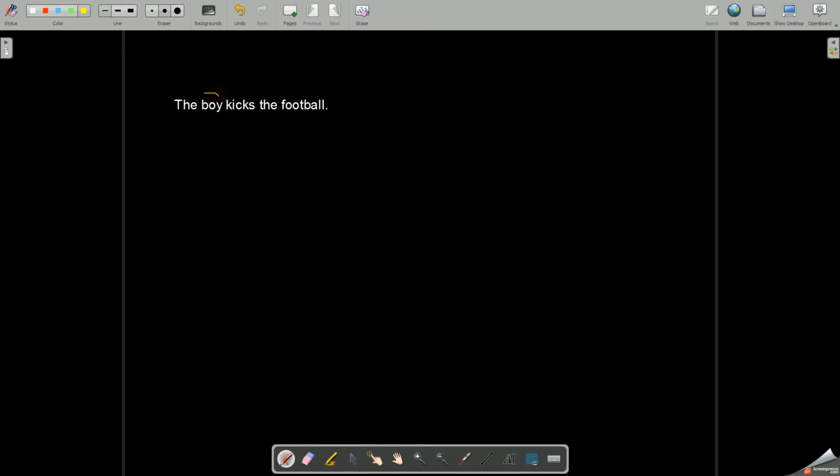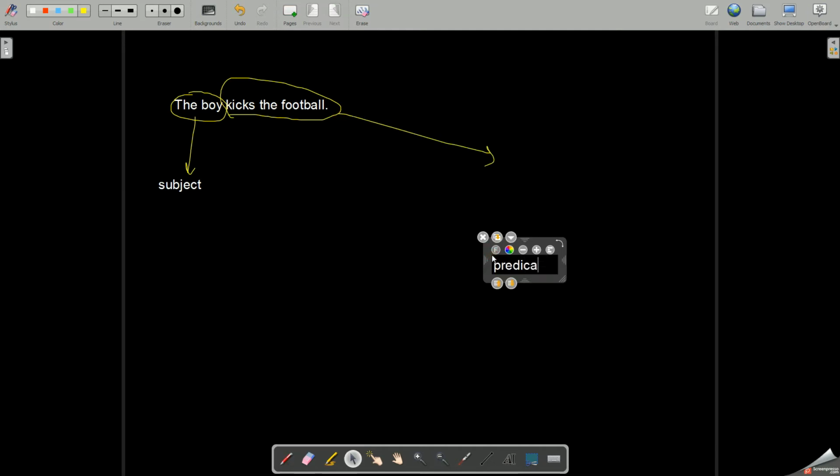So over here the boy is your subject, and you can say that kicks the football becomes your predicate. And in this, football is your object.